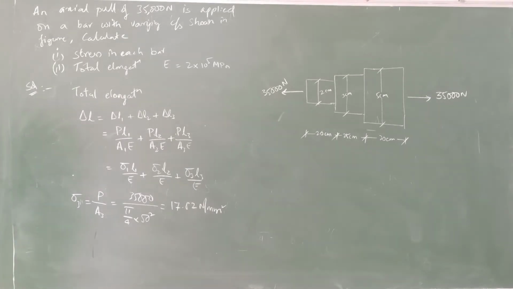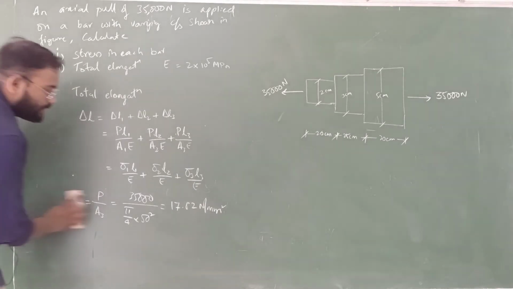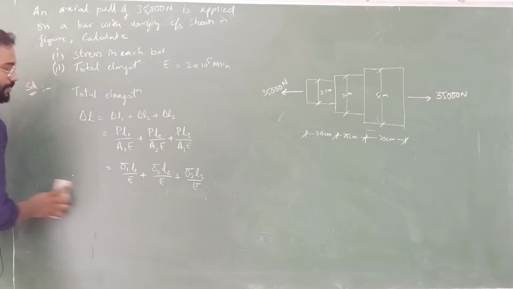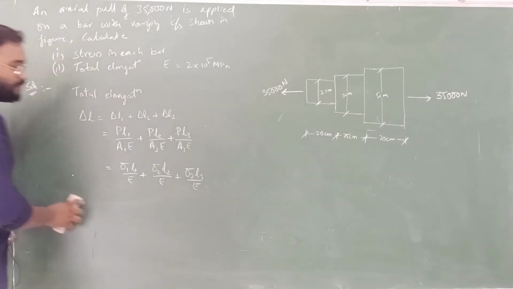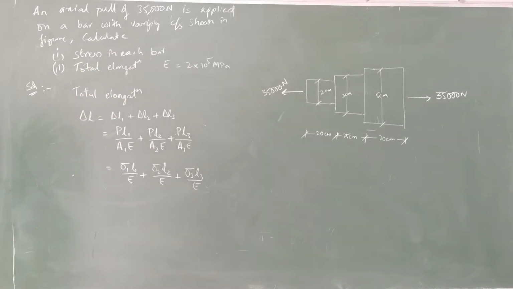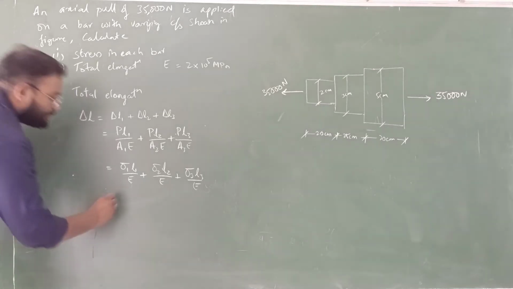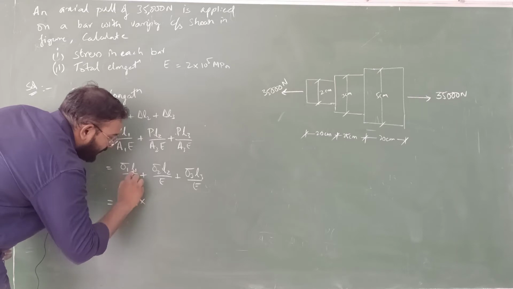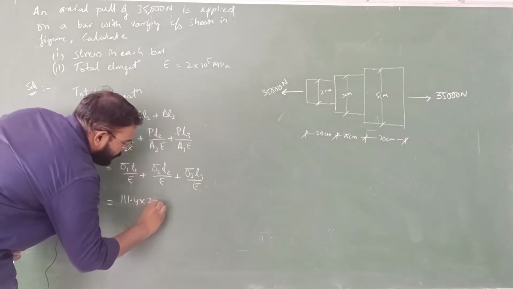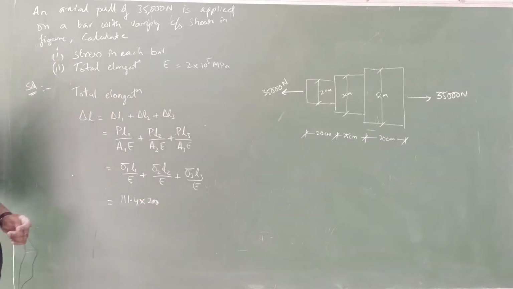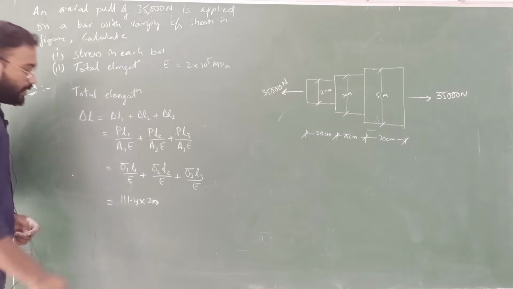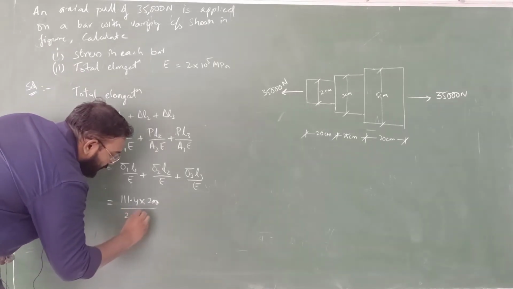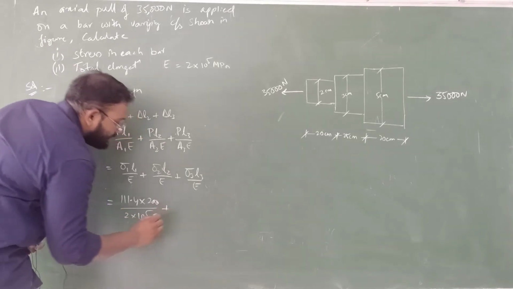Okay, what is P by A? P by A is nothing but sigma, right? So P by A1 I am writing as sigma 1, P by A2 is sigma 2, P by A3 is sigma 3. So I'll substitute directly here. What is sigma 1? 111.4 multiplied by L1, which is 20 centimeter converted into millimeters, 200, divided by 2 into 10 power 5, plus sigma 2.